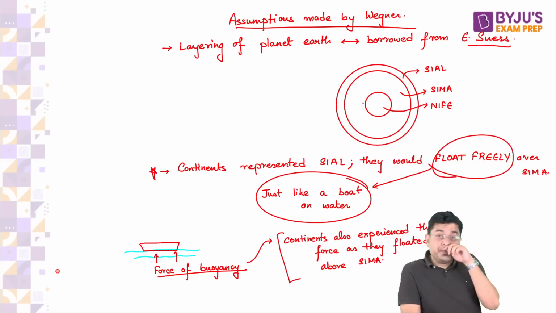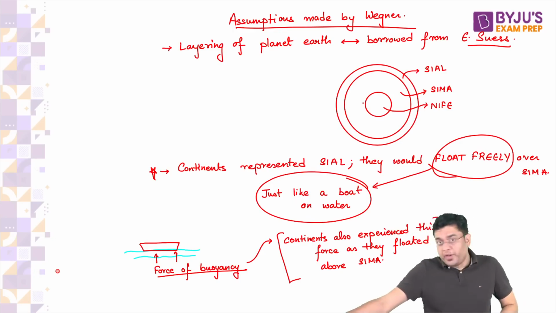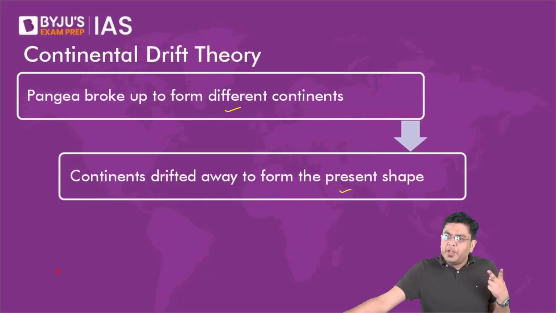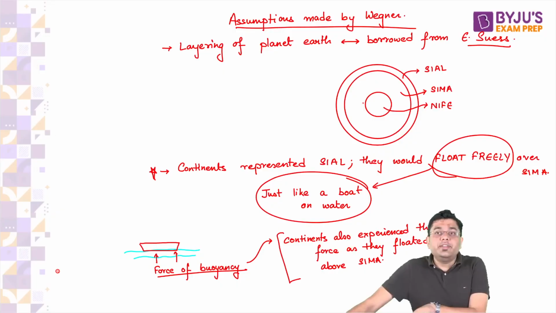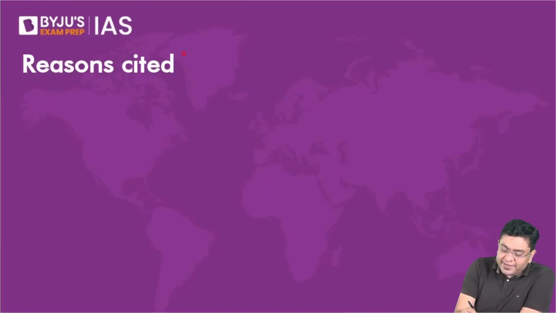Based upon these assumptions, he provided the reasons. Now, Wagner had to provide reasons for two kinds of movements. Which kinds of movements? One was the westward drift of continents, and the other was the movement away from the poles. So the reasons cited were two, to prove two kinds of movements.